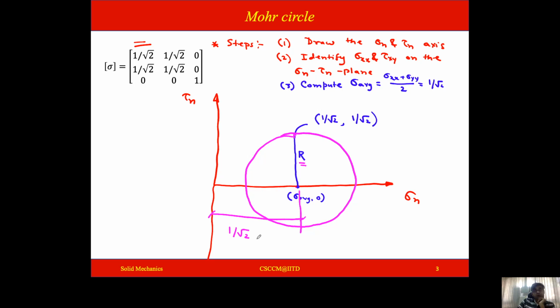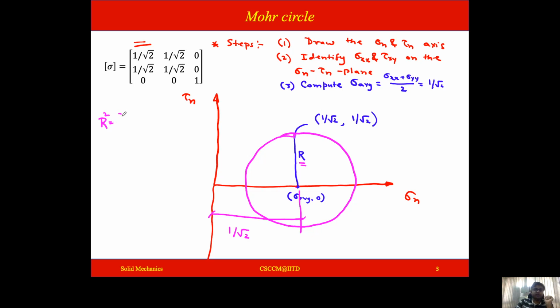And what is the value of R? You can actually measure it in the Mohr circle. You are not going to compute it, you are going to measure it, but we know the formula.